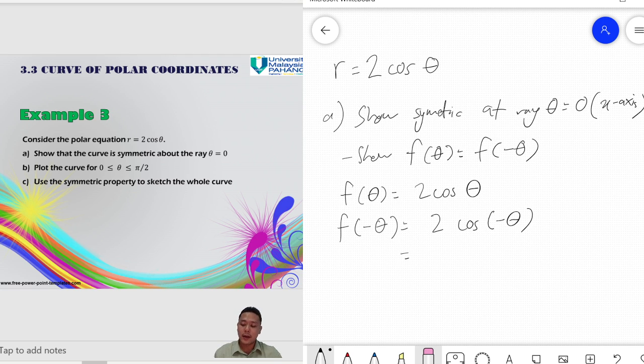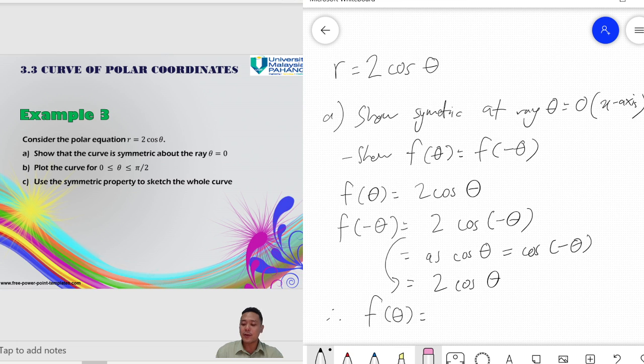You can try to see at the properties that cos theta is actually similar with cos negative theta. Therefore, it will be 2 cos theta. From here, I managed to show that f theta equals to f negative theta by using trigonometry identity cos theta equals to cos negative theta, dia sama.